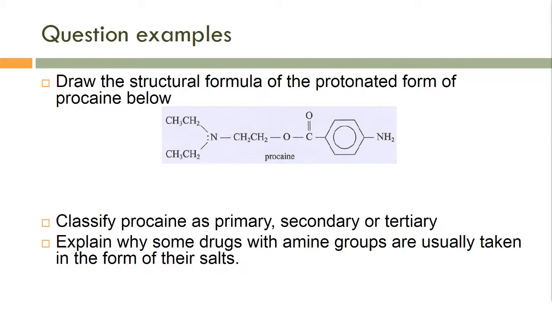Left. Let's go with left, because that's correct. One thing that you should also know is that the nitrogen attached to a benzene group doesn't get protonated so easily. Whereas if you have smaller carbon groups attached to nitrogen, it's much easier to protonate.